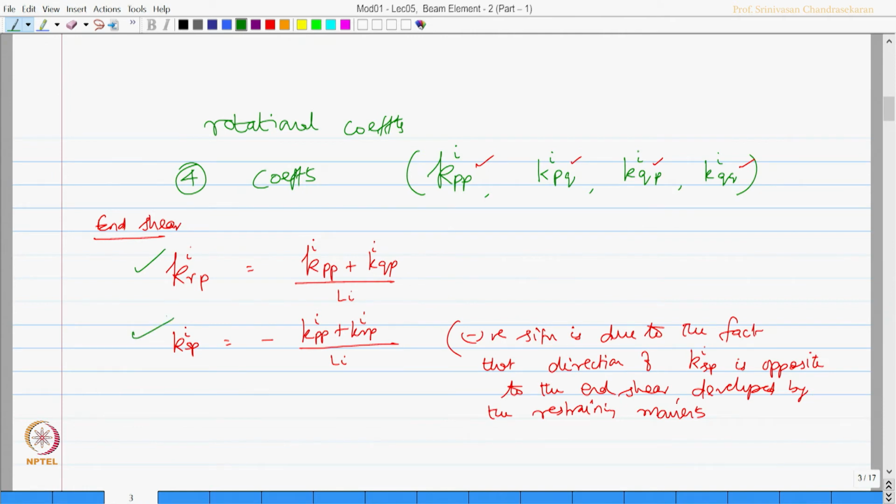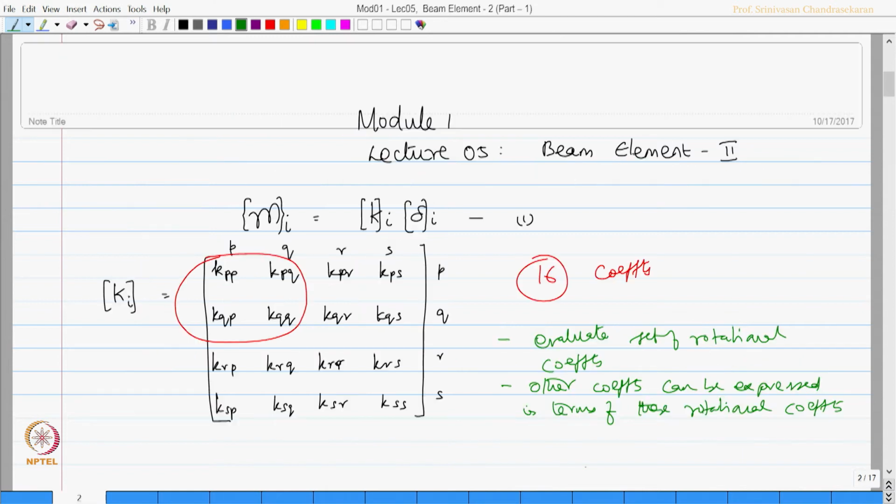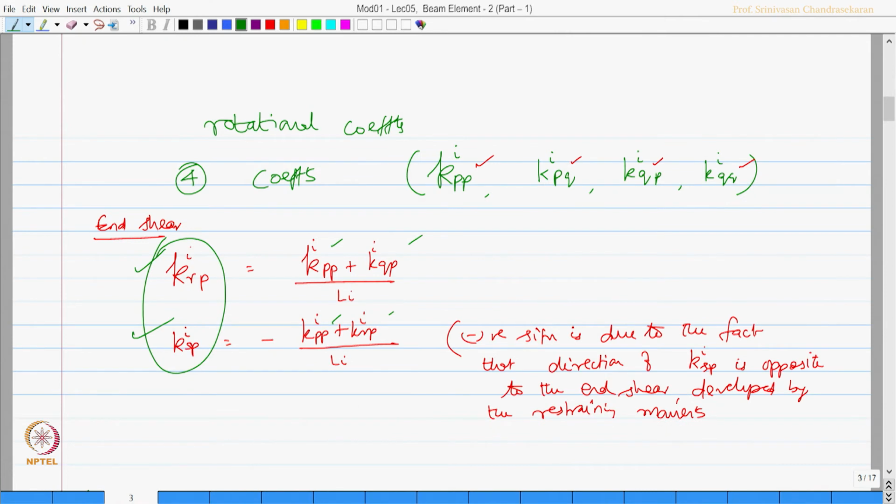So, the end shears can be expressed once I know the rotational coefficients, these 4. In this manner the remaining coefficients can also be expressed in terms of these rotational coefficients if you know them. So, out of 16 coefficients we have, we need to only evaluate these 4 coefficients, okay. Only these 4 are important, the remaining can be derived if we know these 4 coefficients. So, now the task is to evaluate these rotational coefficients.